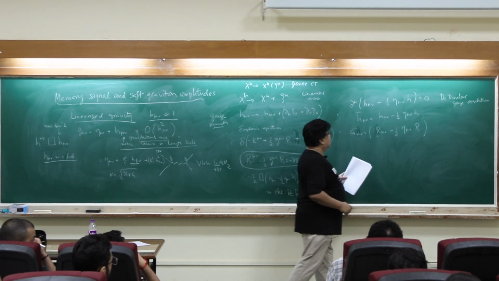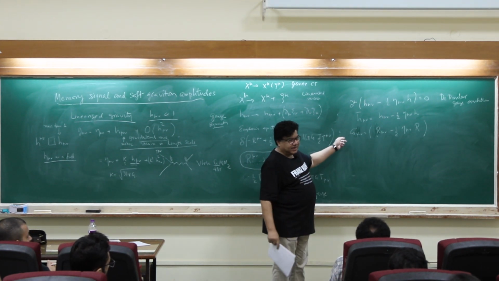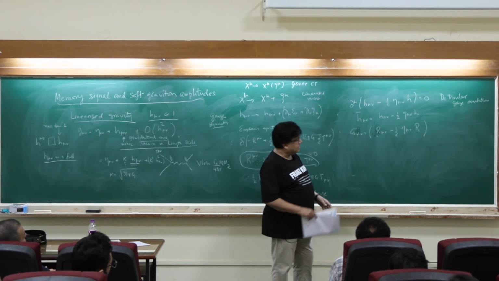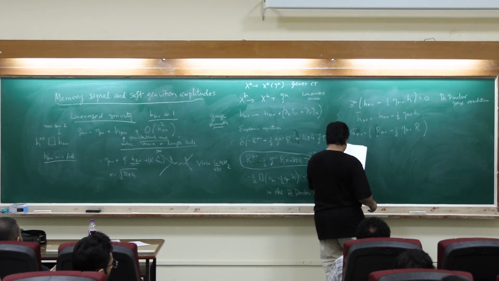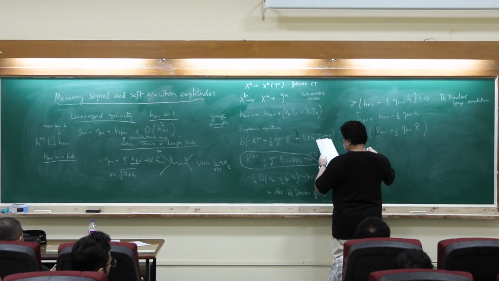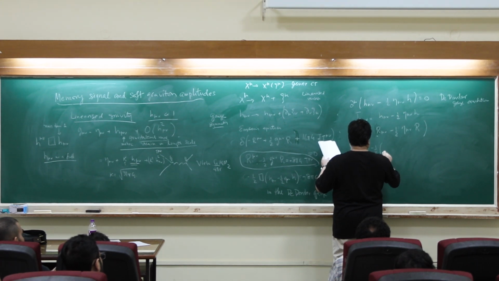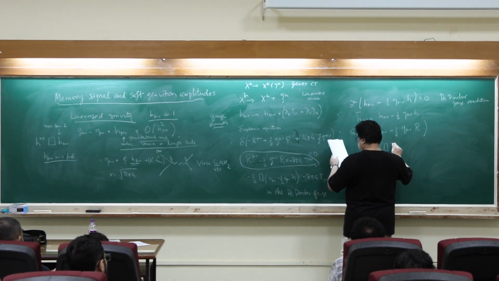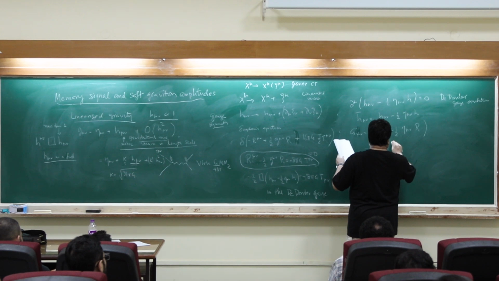Okay. So if I write it in the linearized form, so in the first order what I will get is minus half box h bar mu nu.